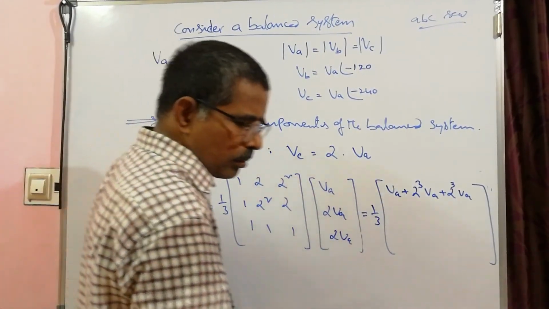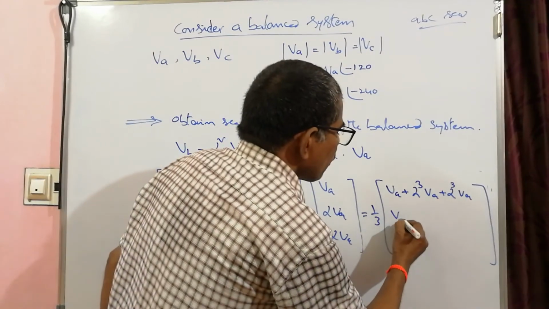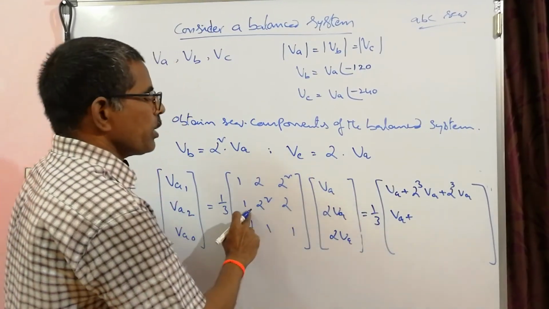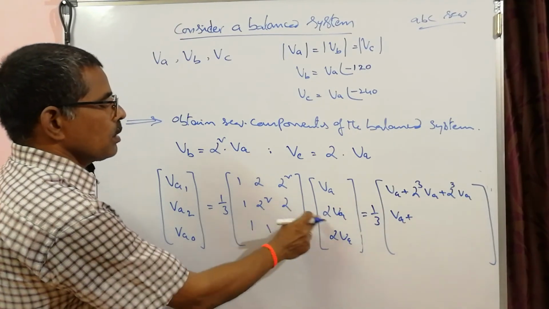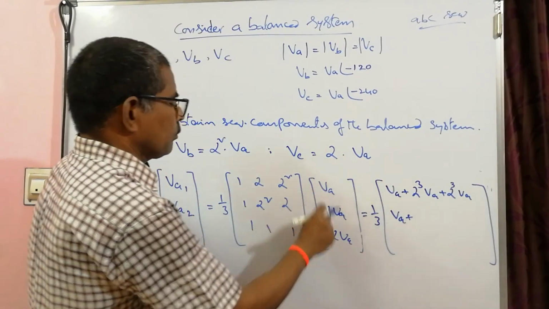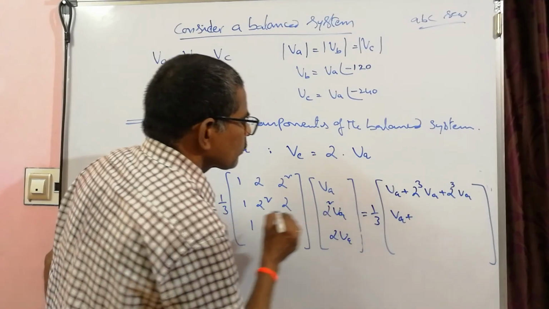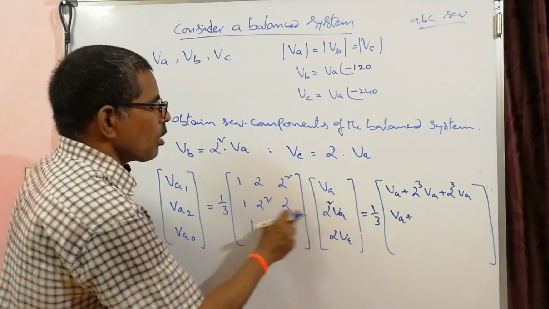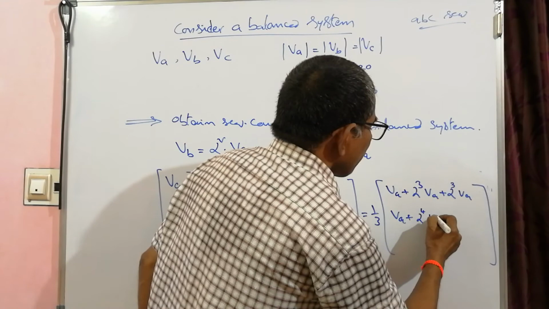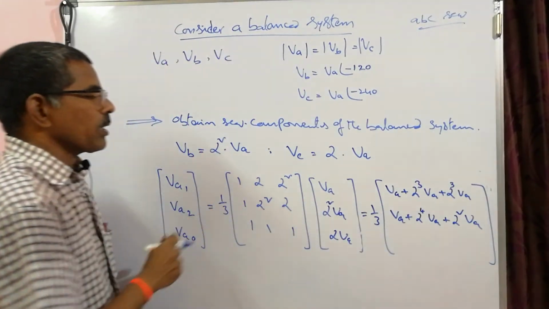Then second term, this multiplied by this: VA plus alpha power 4 VA plus alpha square VA, that is the second.